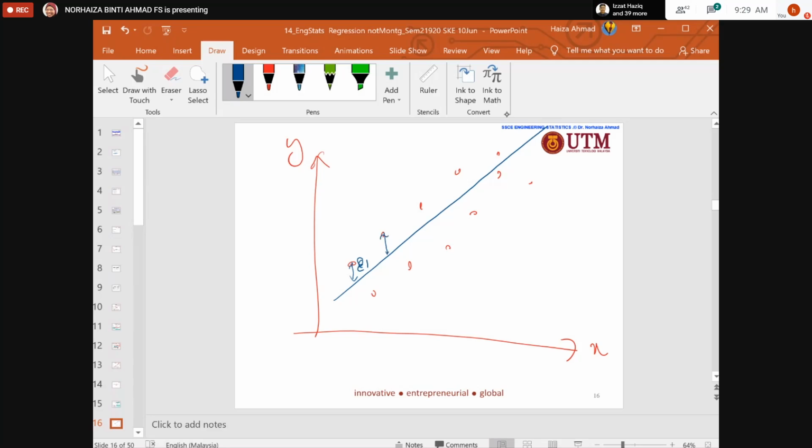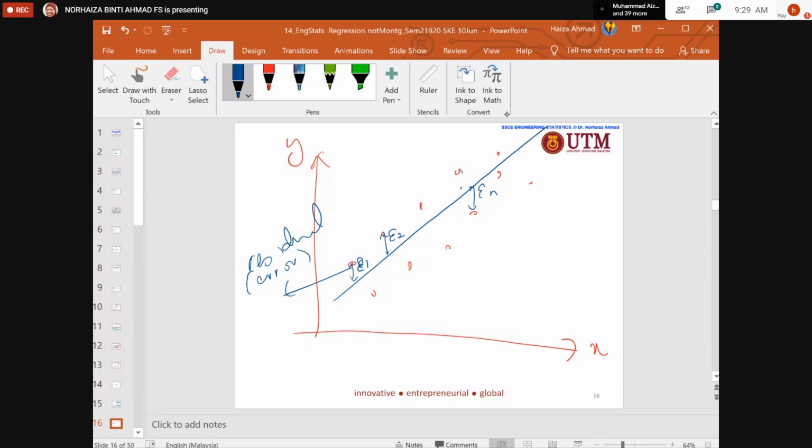Another distance is epsilon 2. So this refers to the residual or distance or error between observation and our model here. Up to, so let's go to epsilon n. So each observation has its residual. This one is called our residual or error.